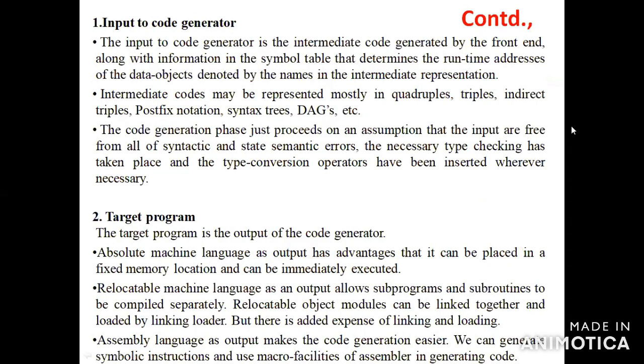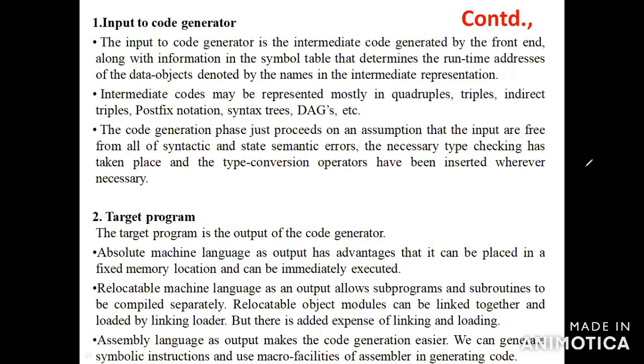The intermediate code is generated by the front end of the compiler. Along with it, all the information is stored in the symbol table. The symbol table determines the runtime addresses of the data objects.